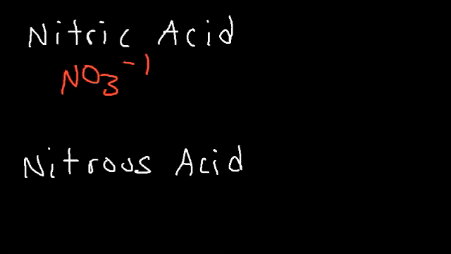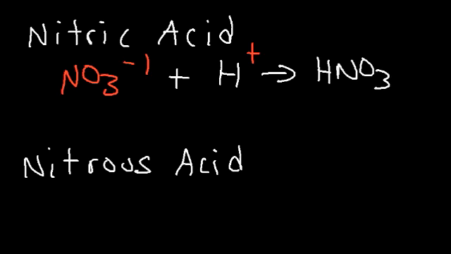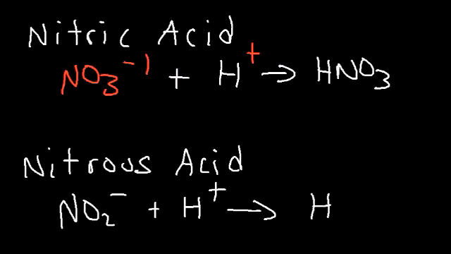Because it has a -1 charge, we simply need to add one hydrogen ion to it. So the formula for nitric acid is going to be HNO3. Now nitrous acid is associated with ite, so it comes from the polyatomic ion nitrite, which is NO2-, and the charge is -1, so we'll need to add only one hydrogen to it. So nitrous acid has the formula HNO2.